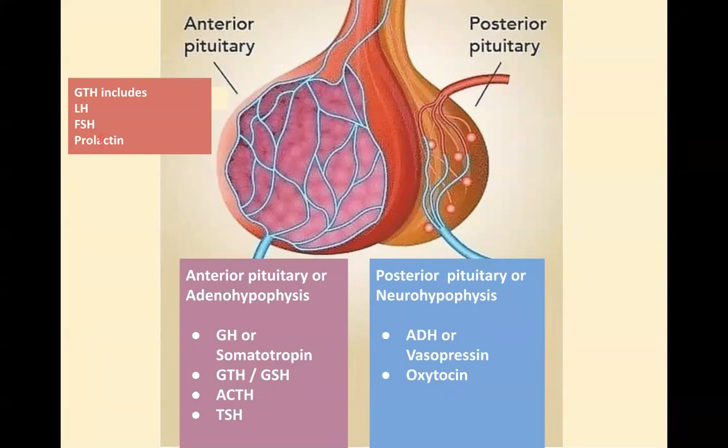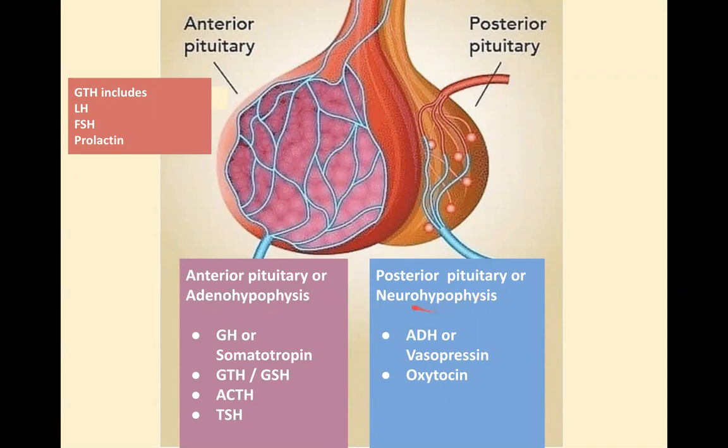These three hormones regulate the functioning of the reproductive system. Then it produces ACTH, adrenocorticotropic hormone. This regulates the functioning of the adrenal cortex. And finally, it produces the hormone called TSH, thyroid stimulating hormone, which controls the functioning of the thyroid gland. So these are the hormones produced by the anterior pituitary.